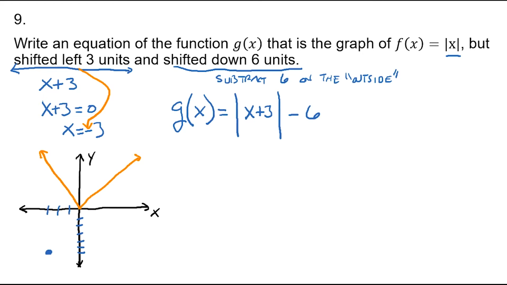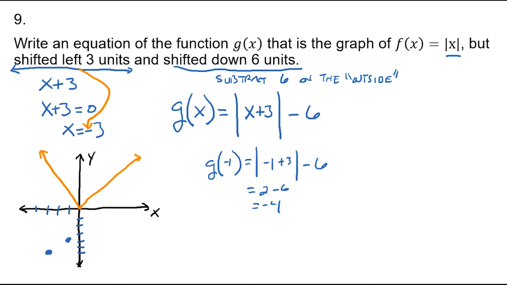All right. And I'm just going to pick a couple points on either side of our vertex. Let's pick -1 and see what we get for -1. Absolute value of -1 plus 3 minus 6. So the result is 2 minus 6, and I end up with -4. So if I plug in a -1, I get a -4.